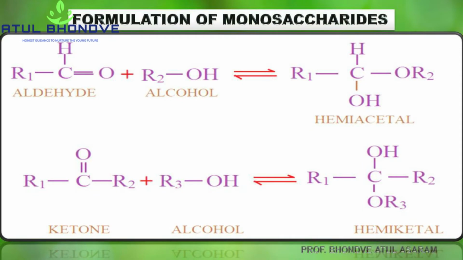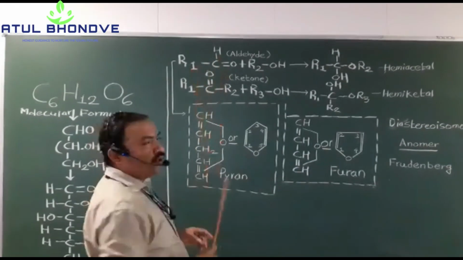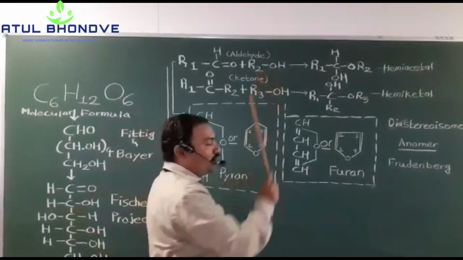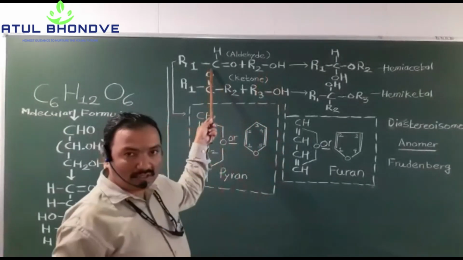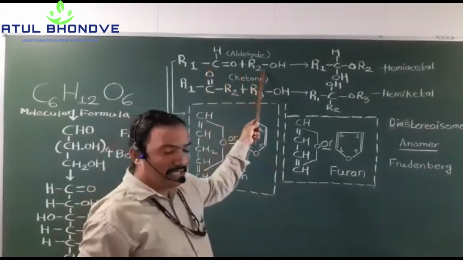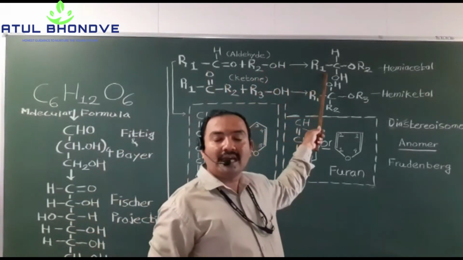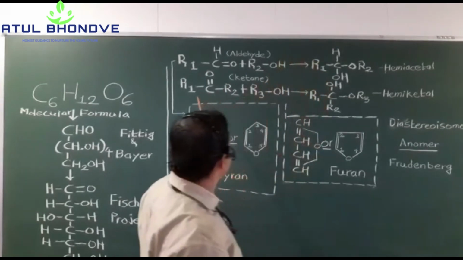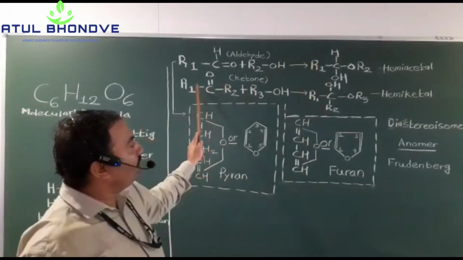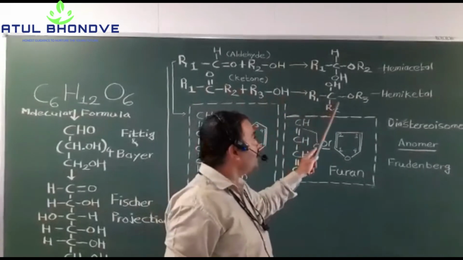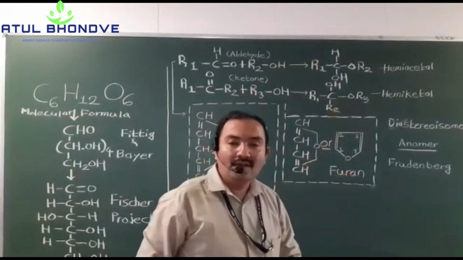Here, R1 plus CHO and ROH, that is the first one, the aldehyde group, when it reacts with the alcoholic OH group, then there is a formation of hemiacetal in the case of aldehyde. Whereas in the case of the ketone group, when it reacts with alcoholic OH, then there is a formation of the hemiketal form.